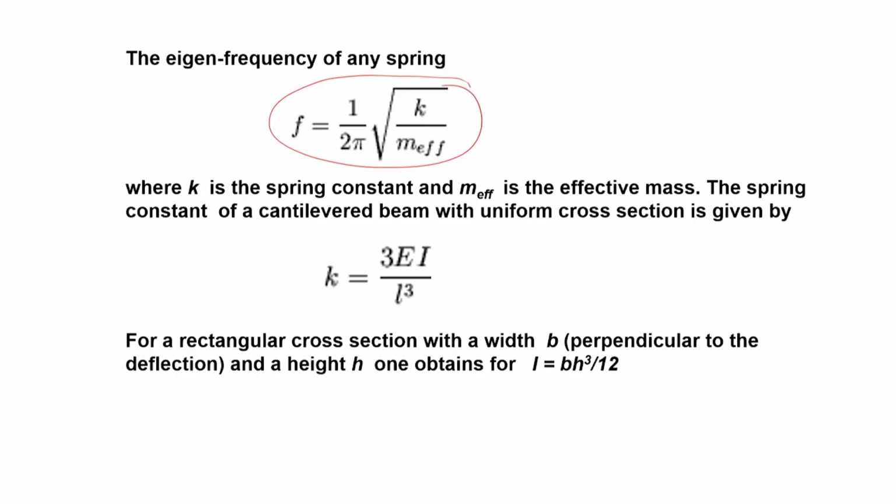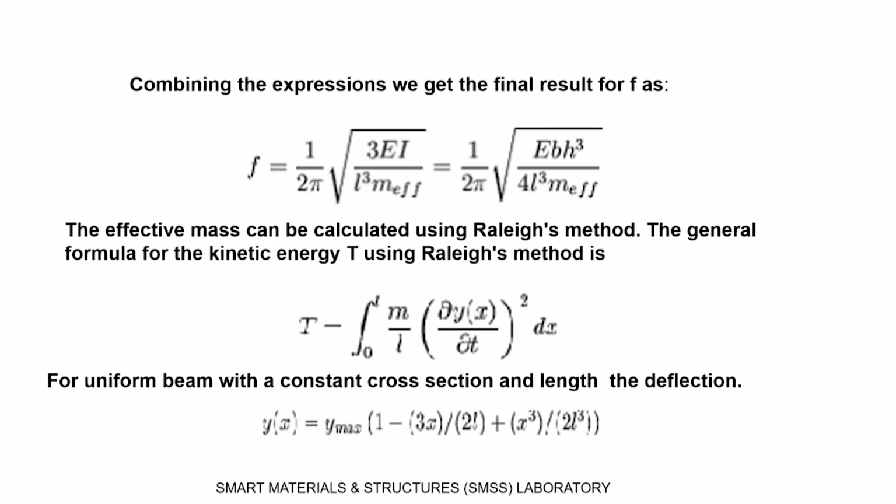Well, for a cantilever beam, the k can be assumed against bending, and then it becomes 3EI over L cube. If that is the k and I is also known to us, then we can go one step further. We can actually write the expression of f not in terms of I, but in terms of the geometrical parameters, because we have to finally do this exercise with respect to one of the free variables of the system.